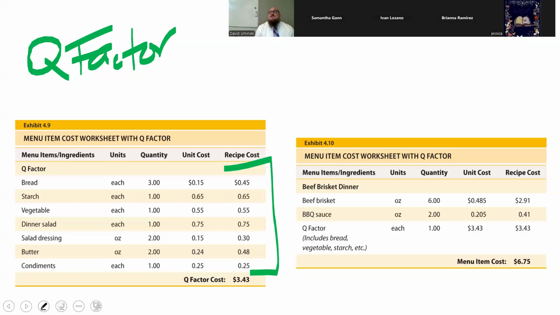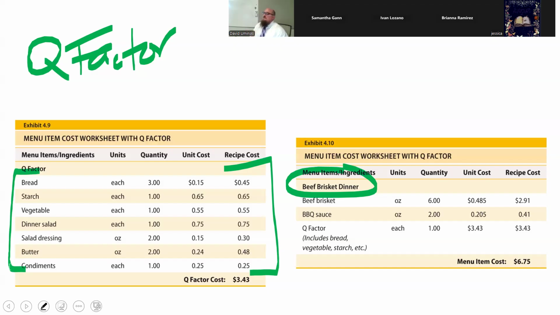And so this Q factor allows us, for example, in this case, we're talking about barbecue. The protein is unique, but with your barbecue plate, you also get bread, starch, vegetable, salad dressing, butter for your bread, and the condiments like jalapenos, onions, pickles, all that kind of stuff, right? That comes with your barbecue.